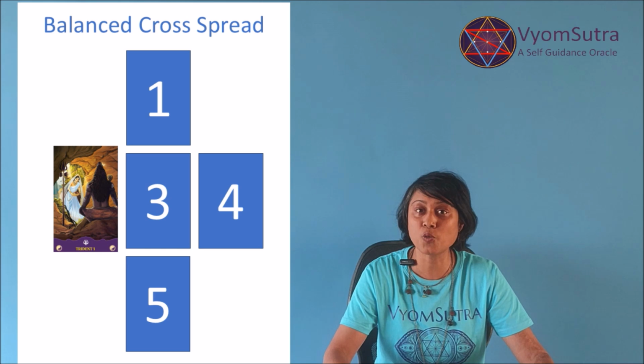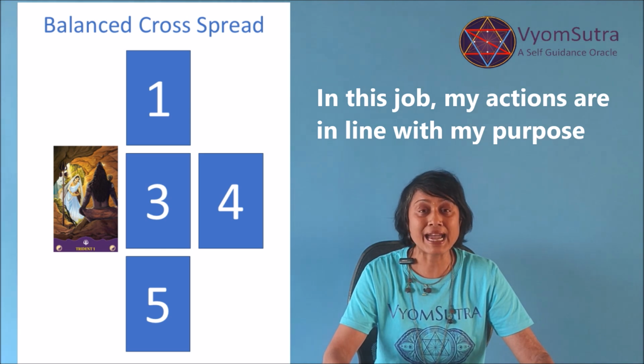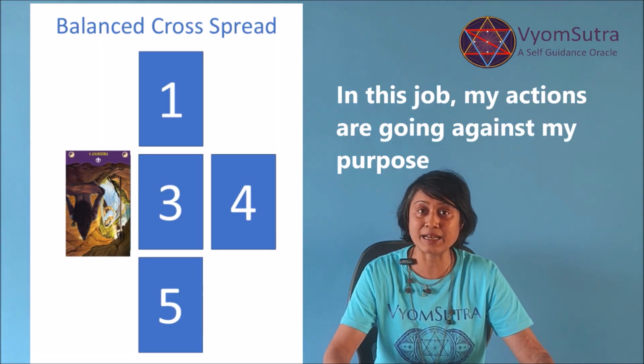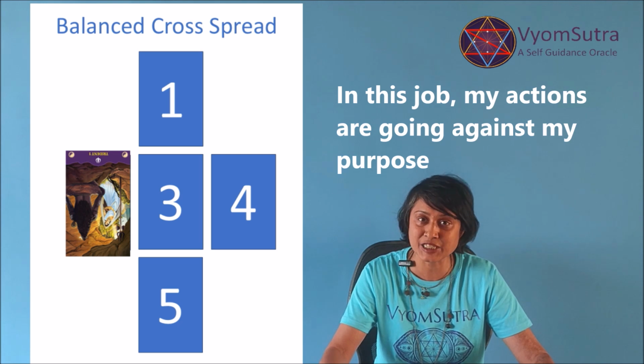Position 2, which indicates what I offer, if Trident 1 or Ace of Wands appears on this position in the straight orientation, one of the meanings could be that my actions are in line with my purpose. The inverted orientation could mean that my actions are going against my purpose.